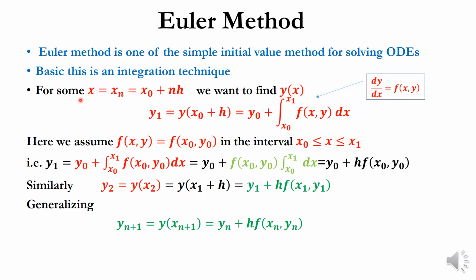For some x equal to xn equal to x0 plus nh, we want to find y or y of x. So integrating this equation with respect to dx, we will obtain y1 equal to y of x0 plus h, this is equal to y0 plus integral of this into dx.